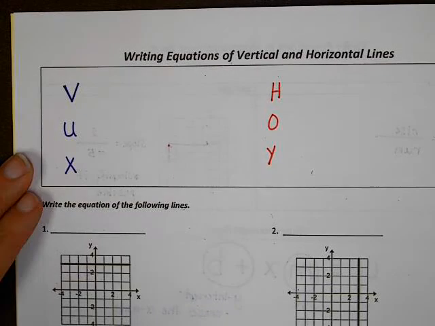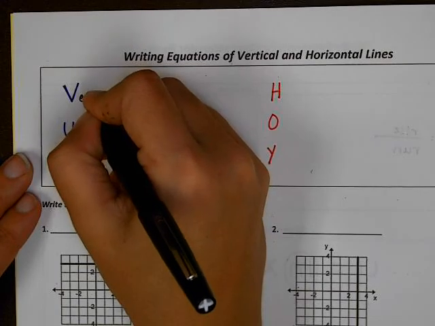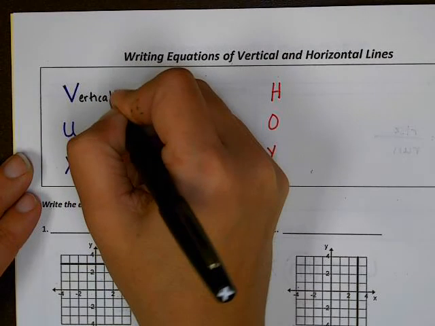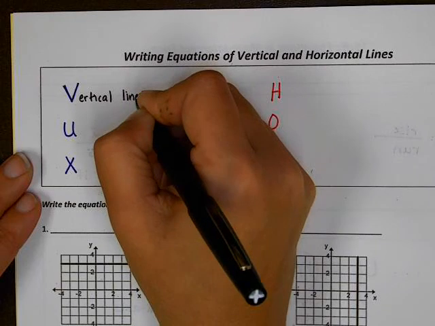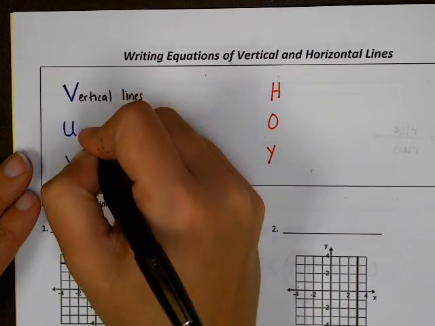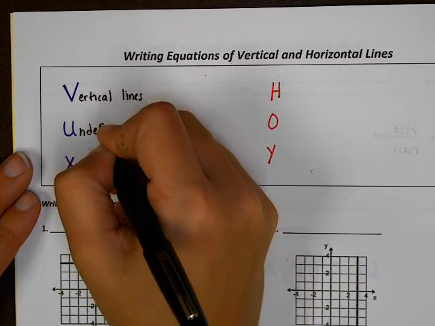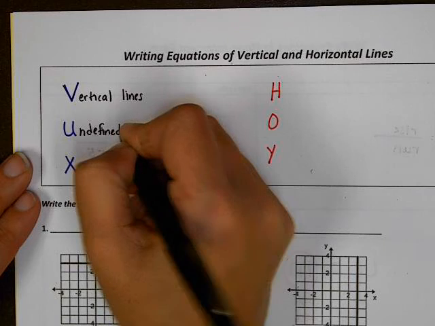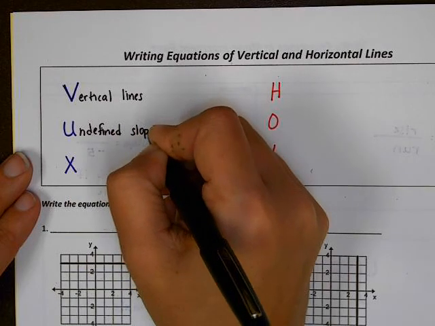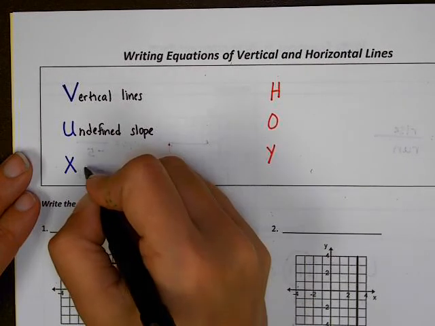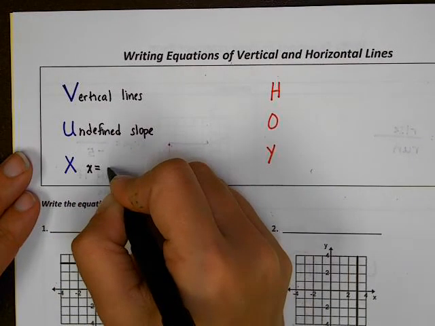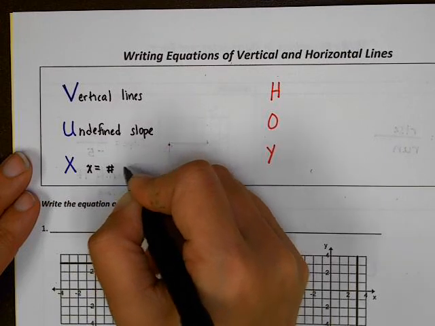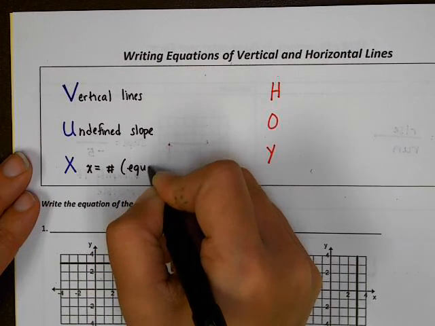We said that the V stands for vertical lines, the U stands for undefined slope, and the X stands for x equals a number in the equation.